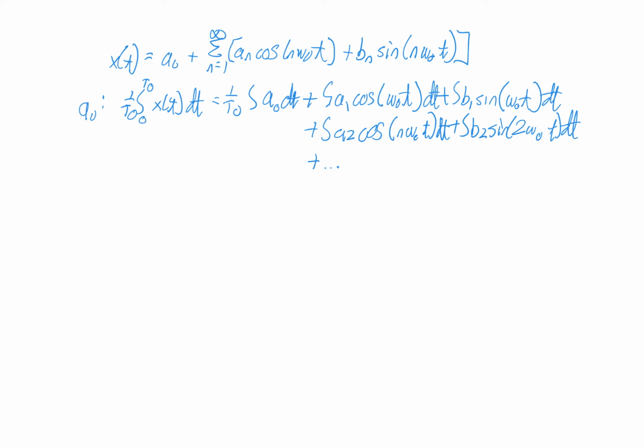Now, what we do to simplify this is we see that the a1 coefficient is not varying with time, so we can pull it out of that integral there. And we do that with all the b's and all the a's except a0. Well, we can do it with a0 also, but we would just have times 1 in the a0 integral.